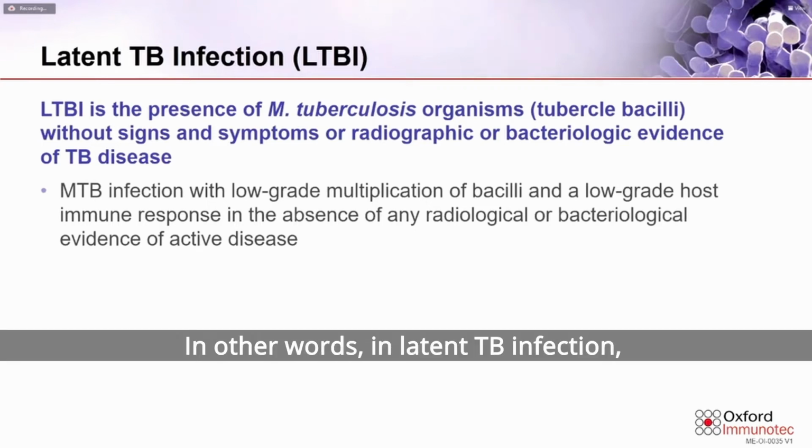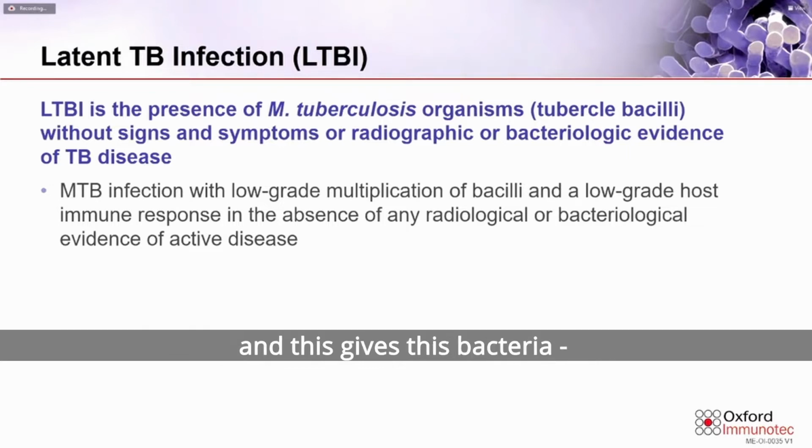In other words, in latent TB infection, the bacteria has already entered the body of the person who has it, and the immune system of that person has created a wall, if you will, a granuloma surrounding this bacteria.